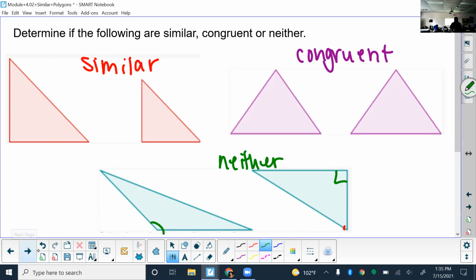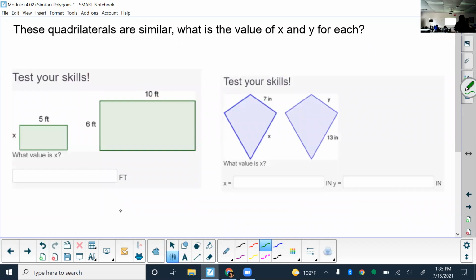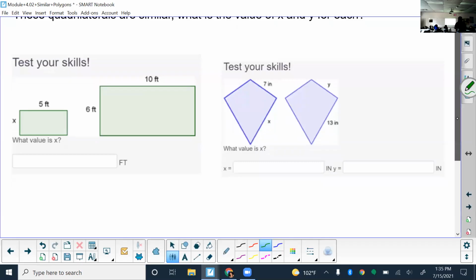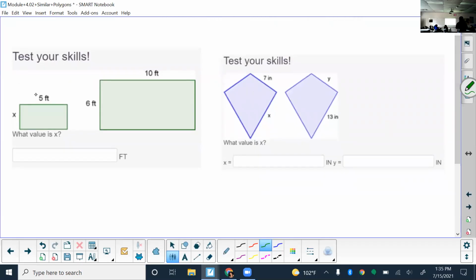Good. So we just learned about things that are similar. So here's quadrilaterals that are similar, and we need to find X and Y for each. So first, are these congruent or similar?